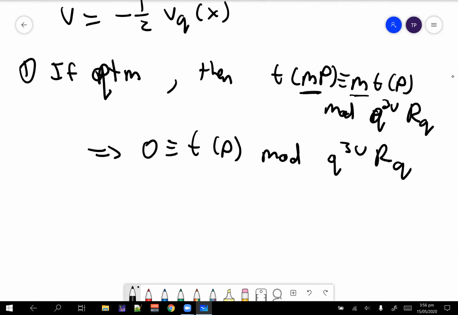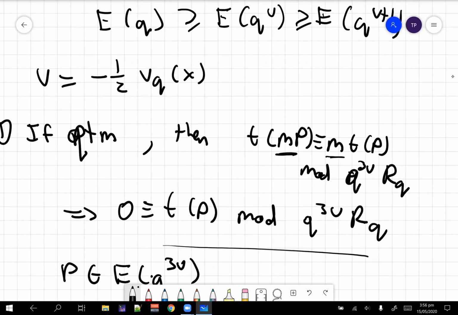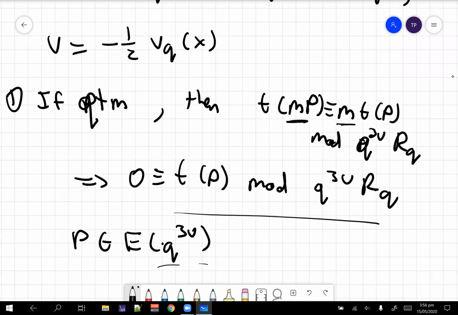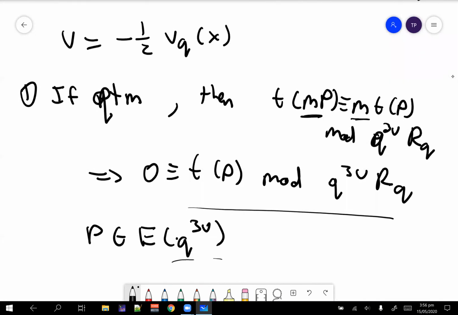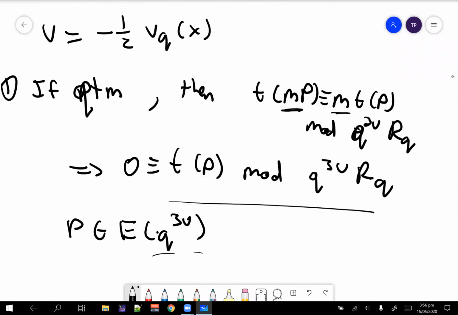And then this gives us a contradiction, because we'd get P to be inside E to the Q of 3v. But E to the Q of 3v is contained inside every smaller one, and we get a contradiction, since we assumed it doesn't lie in the thing, but since 3v is greater than v plus 1, that's a contradiction.